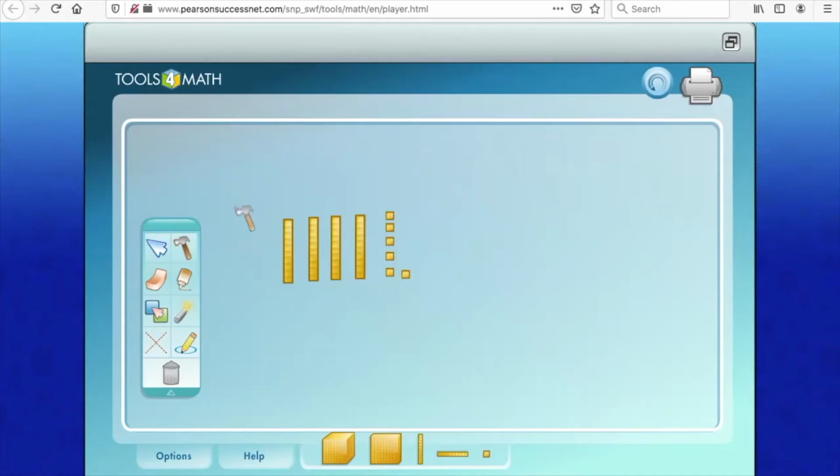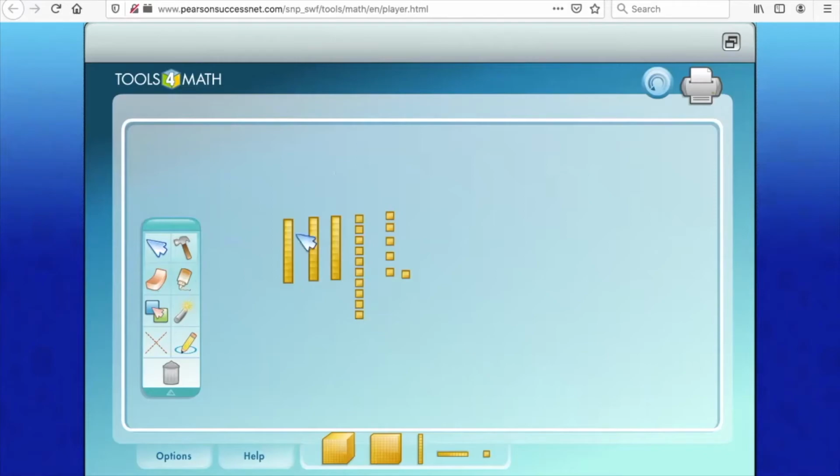All right, in my class, when we like to use the hammer, we like to say kaboom. Oh my goodness, look at what our hammer has done. It took one of our groups of 10, and when it hit the group of 10 with the hammer, all of those 10 ones cubes came apart.